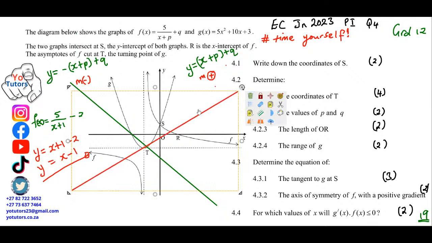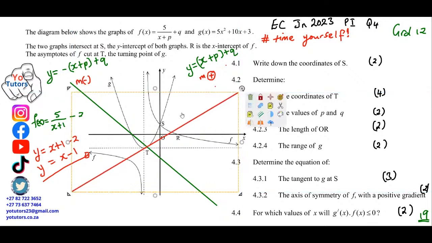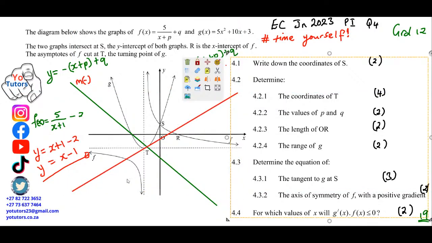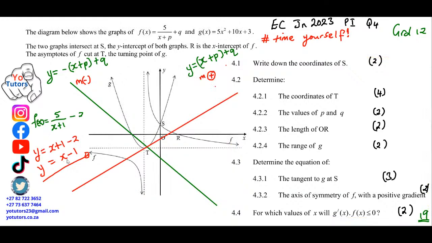We are not asked to draw here. I'm just doing it so that you can see what we mean by this type of graph. So the y-intercept here is going to cut at -1. Then here is -2. So that's what it means. Now we are done. That's the equation for the positive gradient. And if they were to ask you for the negative gradient, let's just do it here.